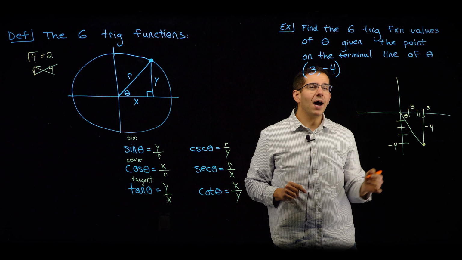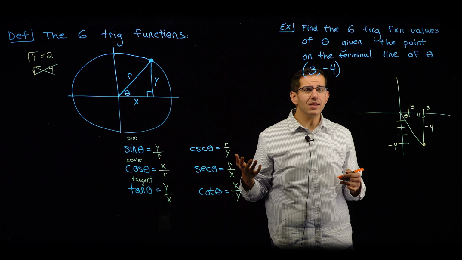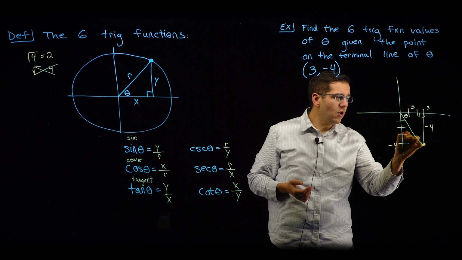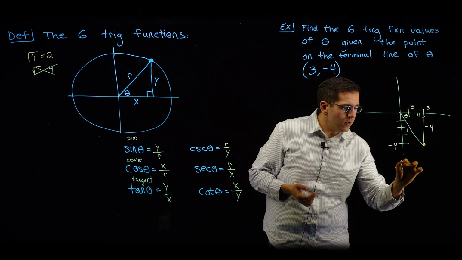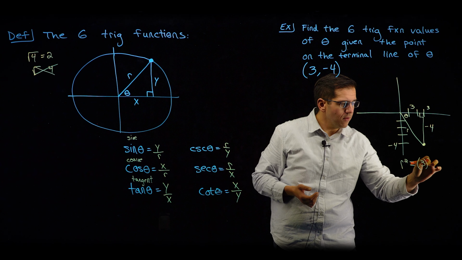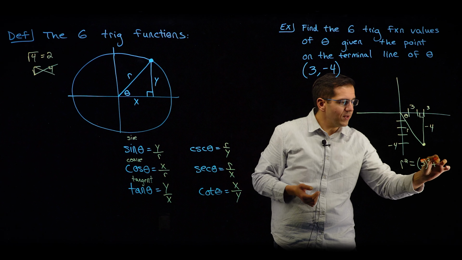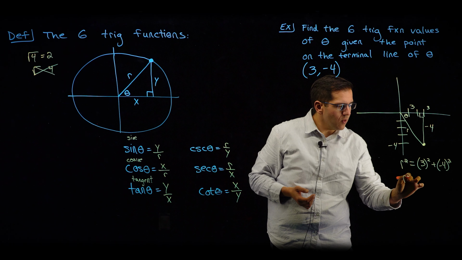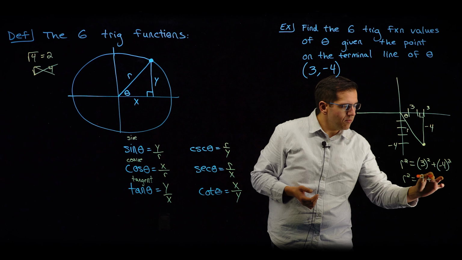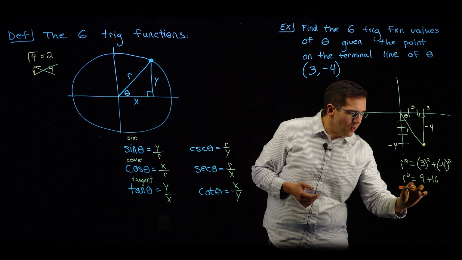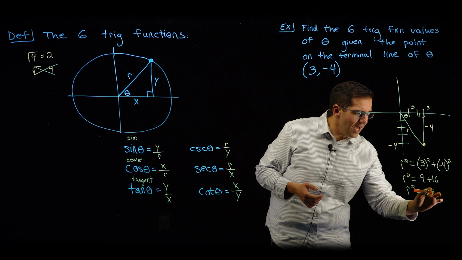So from here, we now need to find this hypotenuse. To find that hypotenuse, we can go back to the Pythagorean theorem because this is a right triangle. This value r, when you square it, will equal this value 3 squared plus this value negative 4 squared, which gives us r squared equals 9 plus 16. So we get r squared equals 25.